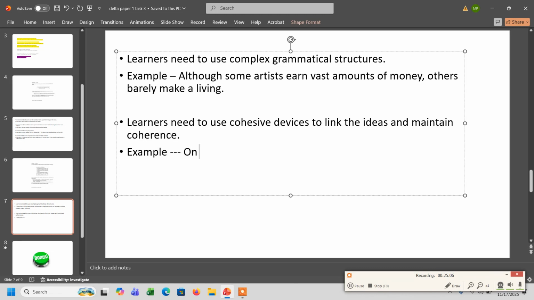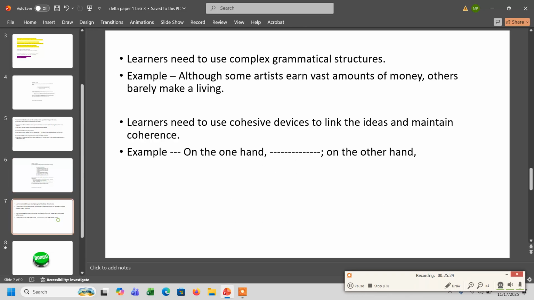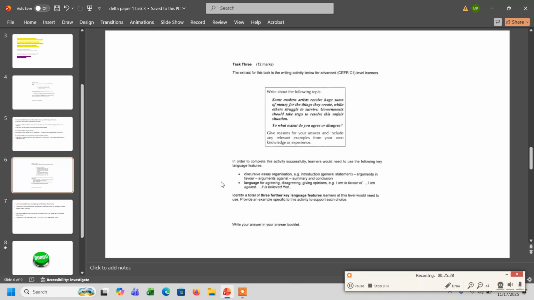Example, on the one hand, blah blah blah, but you can't leave blah blah blah, you need to write down something. On the one hand, and on the other hand. Okay, you have to give the full sentence. Like, wait, how should I give the full sentence? Struggle to survive.